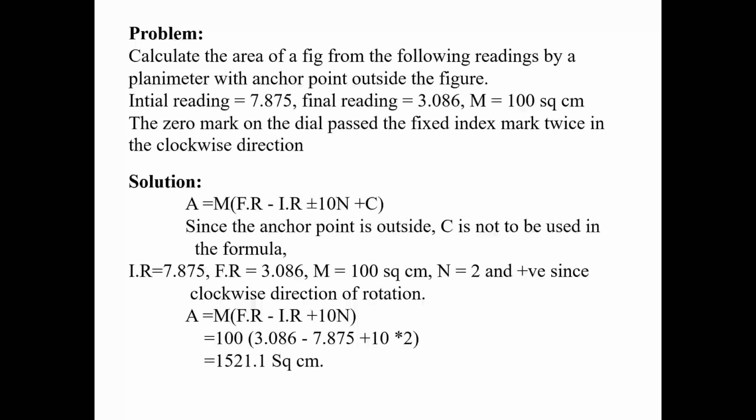Substituting all the values: M is 100, into 3.086 minus 7.875 plus 10 into 2, n equals 2, since the index mark was passed twice in the clockwise direction.